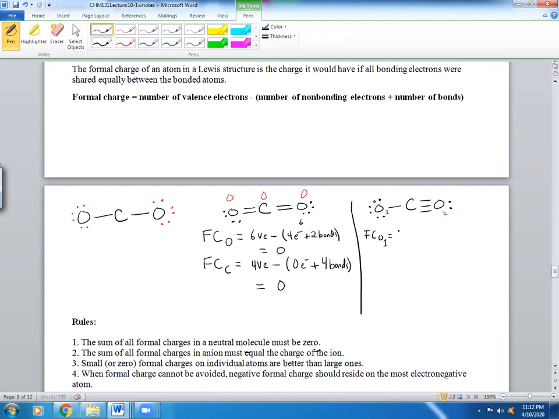Valence is 6 for oxygen, minus how many non-bonding electrons does it have? 2, 4, 6. Plus, does it have any bonds? Yep, 1 bond. And that gives you 6 plus 1 is 7. 6 minus 7 is -1.